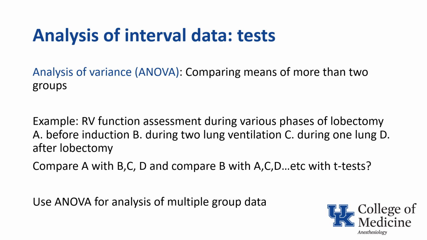The problem here is when you use many t-tests, the error rate keeps adding up and you're setting yourself up for a type 1 or an alpha error. Now remember that type 1 error or an alpha error is when you conclude that there is a difference between the means, even though there is no difference between the two means.